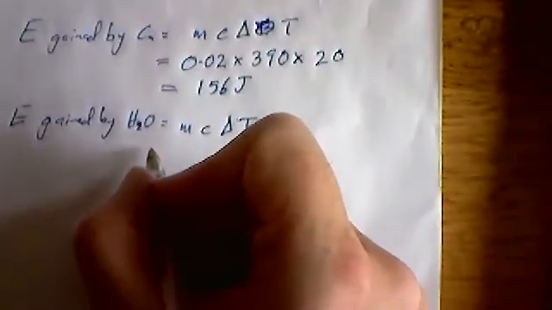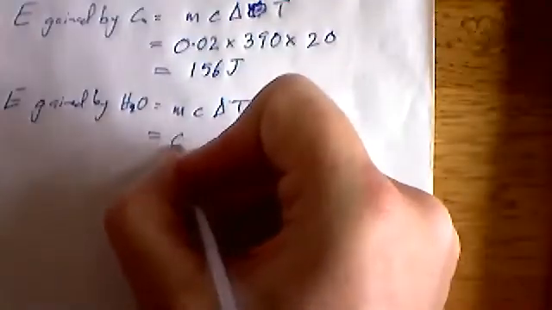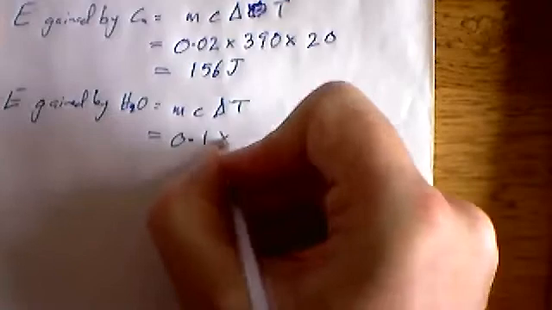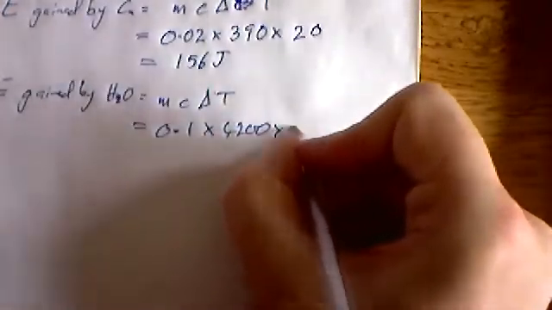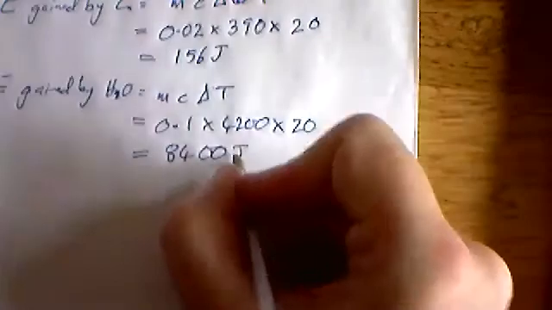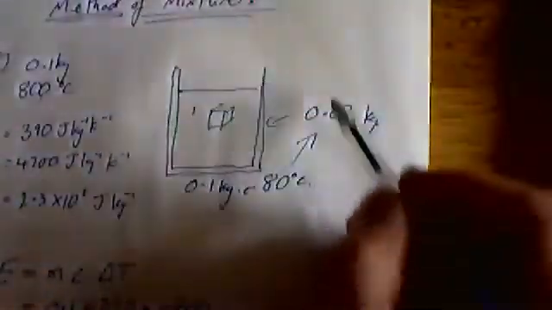So the mass of the water is 0.1, specific heat capacity is 4,200, and again, our change in temperature is 20, so our water is going to gain 8,400 joules.